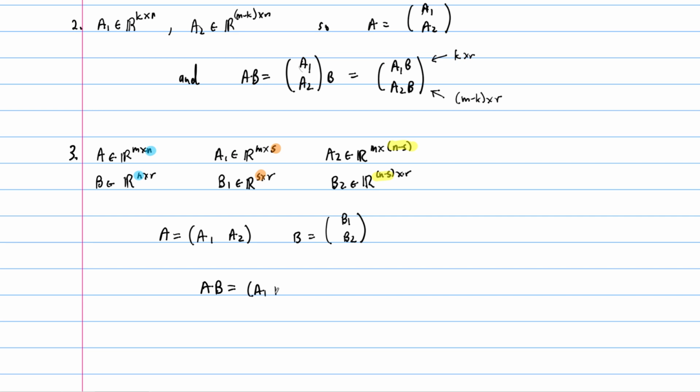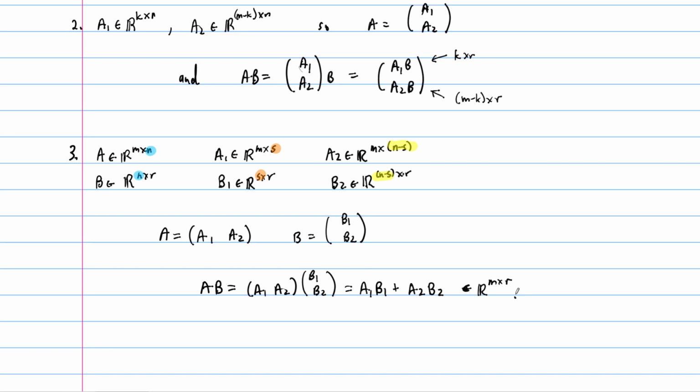A times B is A1, A2 partitioned by columns, B1, B2 partitioned by rows, and it ends up being A1B1 plus A2B2, and each of these is going to be m by r. So this is equal to AB, which is in the proper space.